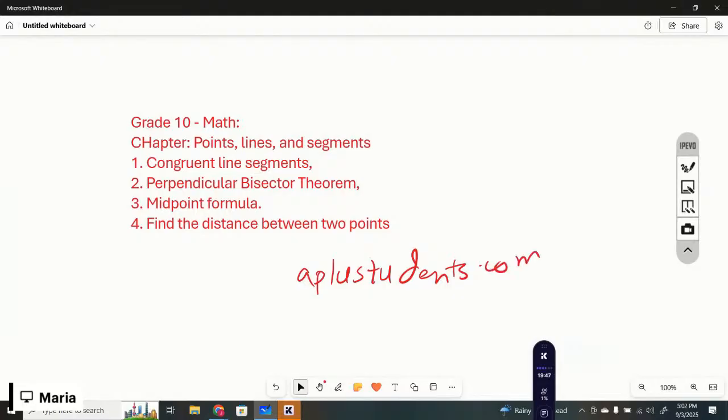You have to log in there using your email address and password as provided by the administrator. Then you have to select math from the subject tab, scroll down to grade 10 math and then click on view all lessons.